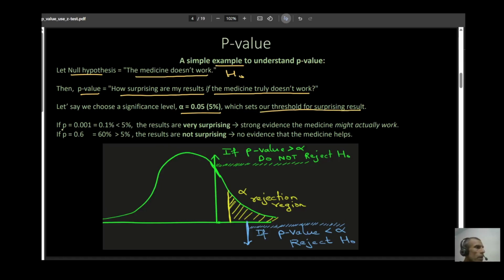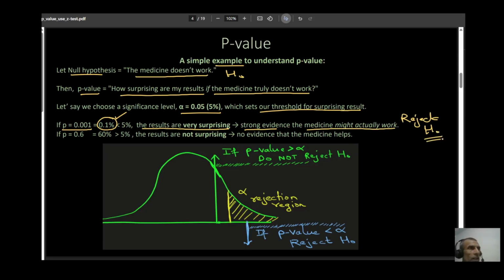So if my p-value comes out to be 0.001, which is equal to 0.1%, which is very small, that tells me that my results are very surprising because I had such a small chance of observing it. So there is strong evidence that the medicine might actually work. In this case, you reject your H0, your null hypothesis.